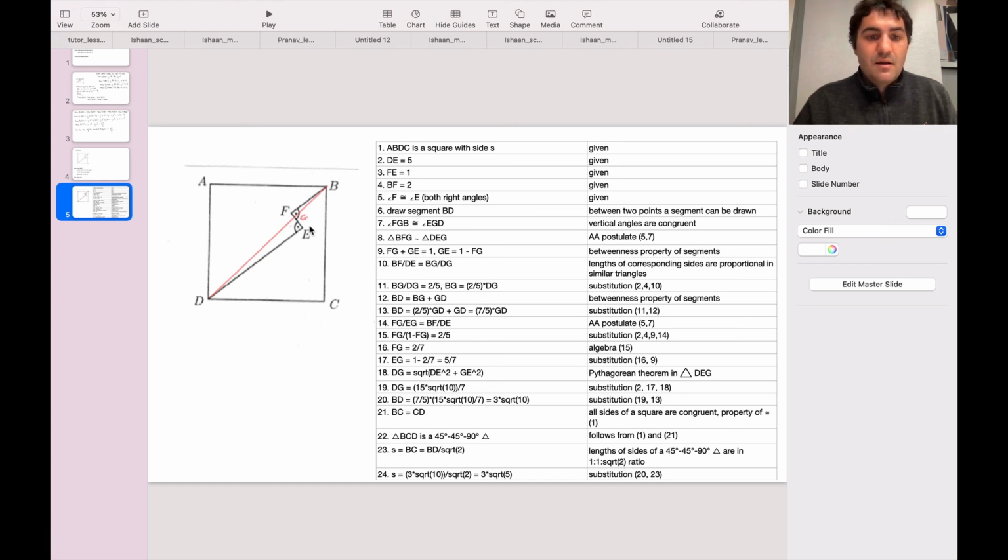So therefore, the length of side ABCD is going to be equal to BD divided by square root of 2. And if we simplify, we get S is equal to 3 times the square root of 5. So the length of the side of the square is going to be 3 times the square root of 5.